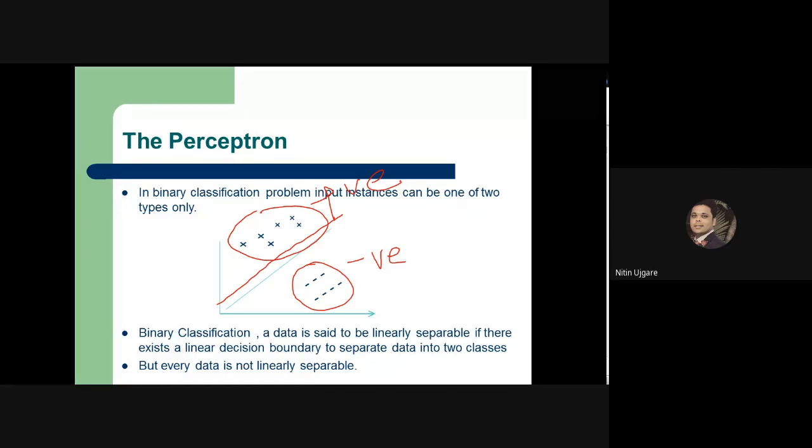But this is not the end of this story. Every data is not linearly separable. We cannot guarantee that the data set being given to us is itself linearly separable. Many times it happens that the data set on which we are working may not be linearly separable.